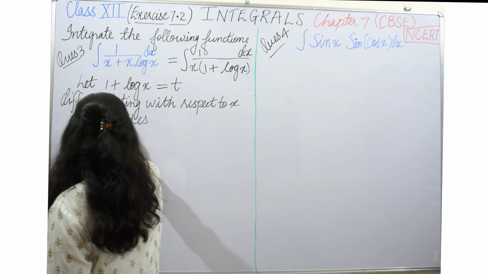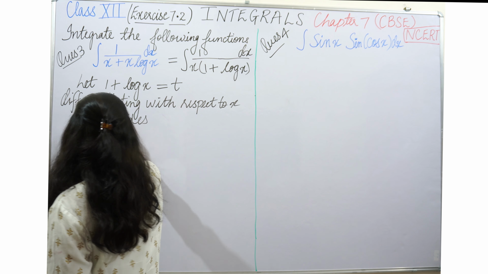And over here we have minus dt. Now this minus sign will go outside, so it becomes minus sin t dt.